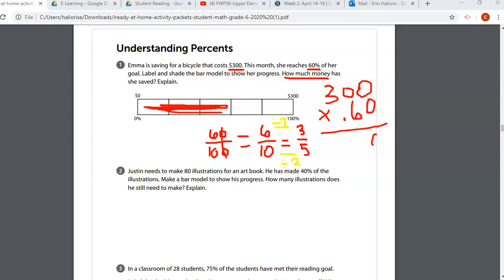So we can do that, and we know all these would be zeros because 0 times anything is 0.